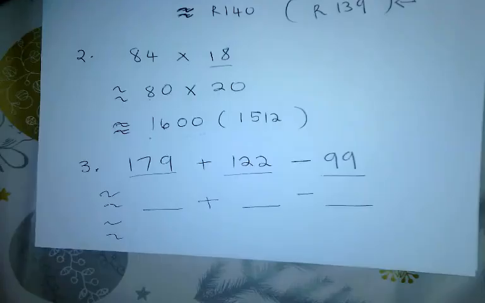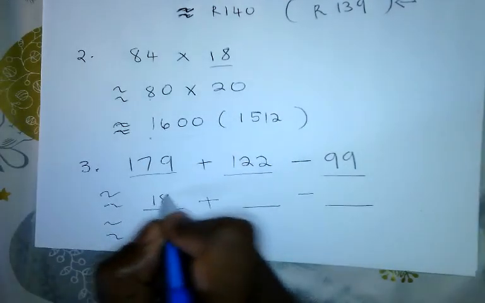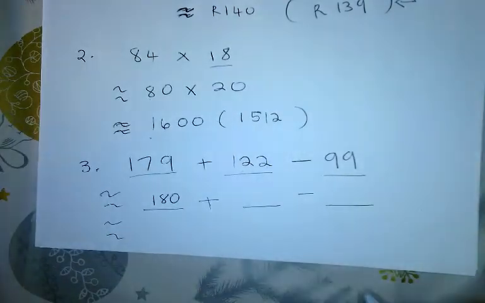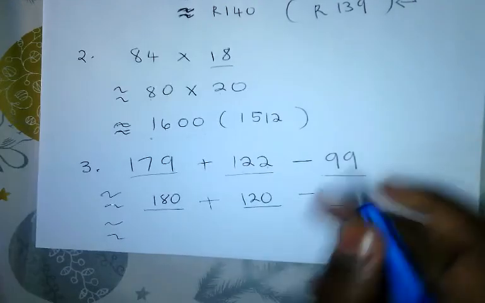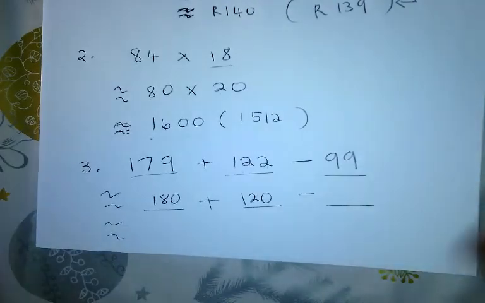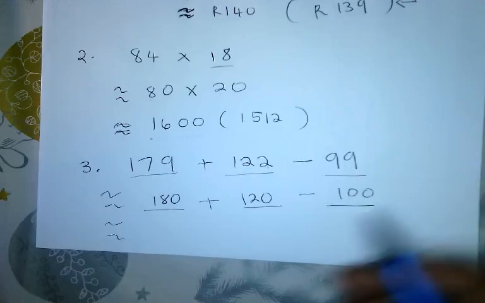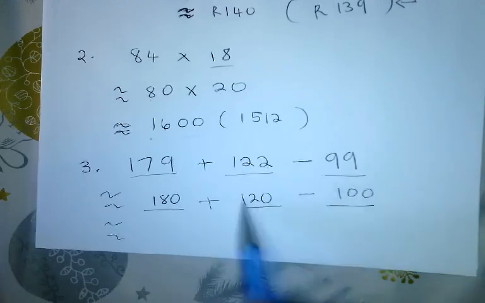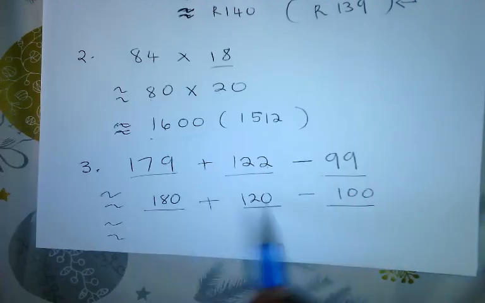This becomes 180, that becomes 120, 99 roughly 100. So you can start by subtraction. Addition or subtraction, it's the same. Are we all clear? Or we can add these two together.